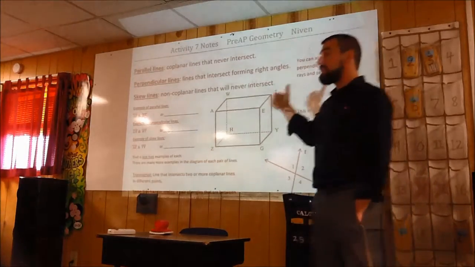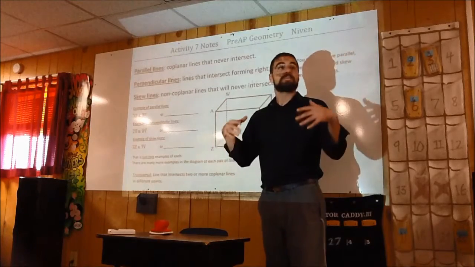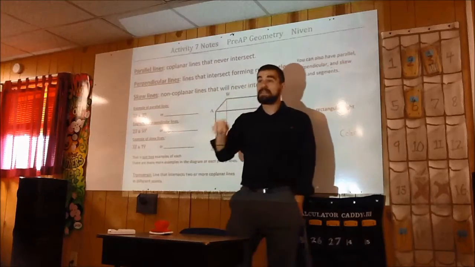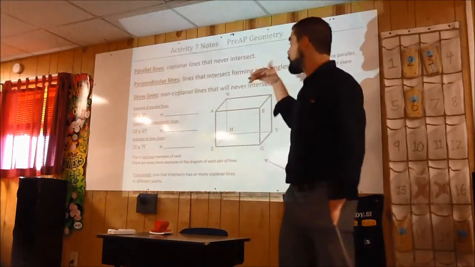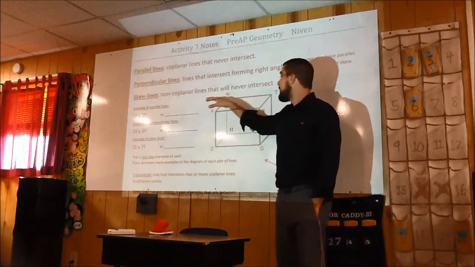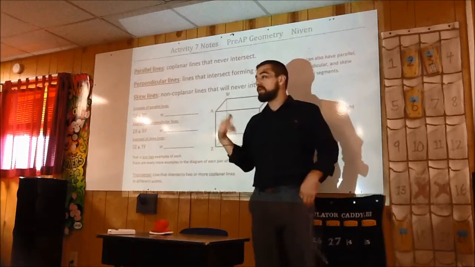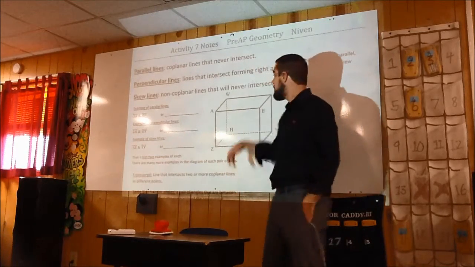The thing that may have been left out is that parallel lines, yes, will never intersect. However, they are coplanar. They're in the same plane, so they have to be in the same plane. While skew lines, that may be new to us, those lines also never intersect. However, these lines are in different planes.